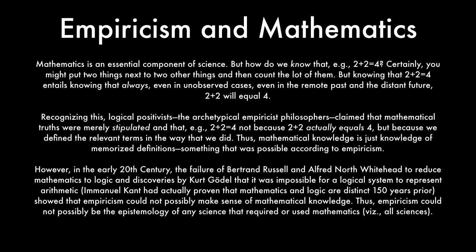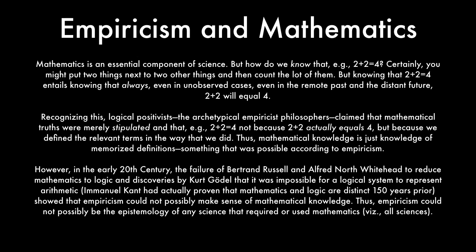However, in the early 20th century, the failure of Bertrand Russell and Alfred North Whitehead to reduce mathematics to logic in their abandoned Principia Mathematica, and discoveries by Kurt Gödel that it's impossible for a logical system that is both consistent and complete to represent arithmetic, and Immanuel Kant had actually proven that mathematics and logic were distinct 150 years prior, and essentially what Gödel was up to was recreating things that Kant had already recognized.